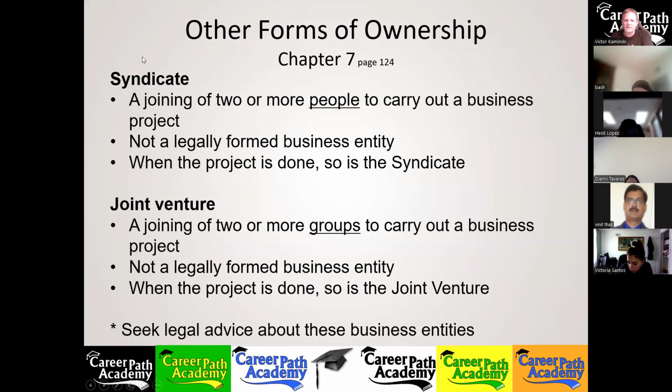And just like a syndicate, a joint venture is not a legally formed business entity either. It's a joining together of two or more groups to carry out a business project. So when that project is done, the joint venture is done. You should seek legal advice about these business entities.